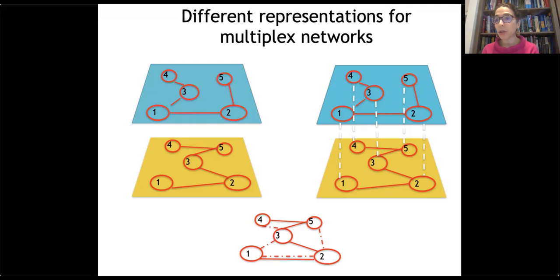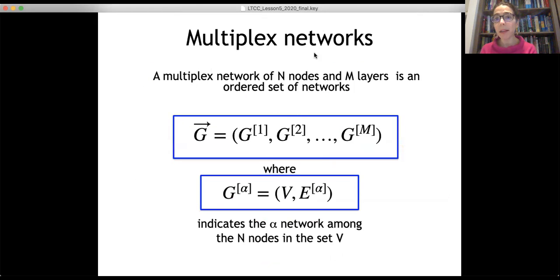But at the structural level, the multiplex structure is captured by just the network in layer 1 and the network in layer 2 and eventually layer 3 and so on, because these interlinks are placed deterministically among replica nodes. So a multiplex network can be described as a vector of networks, where each network is among the same set of vertices and is characterized by a different type of edges.